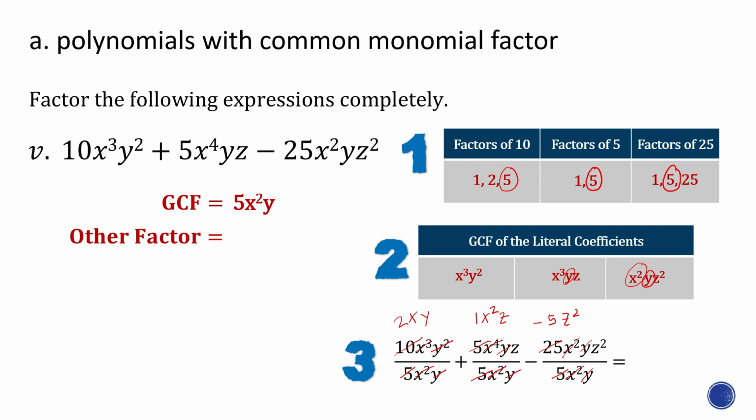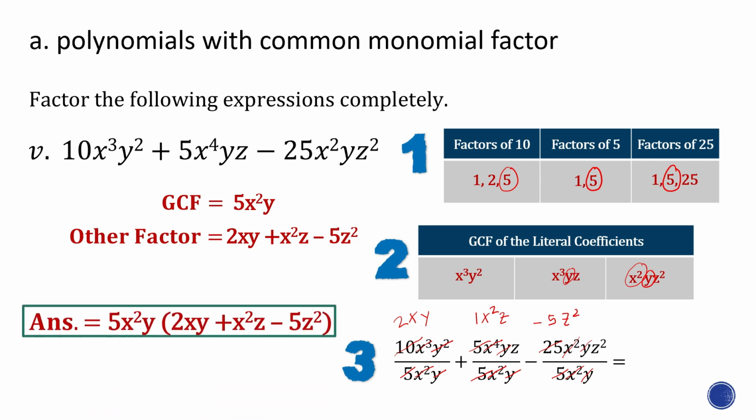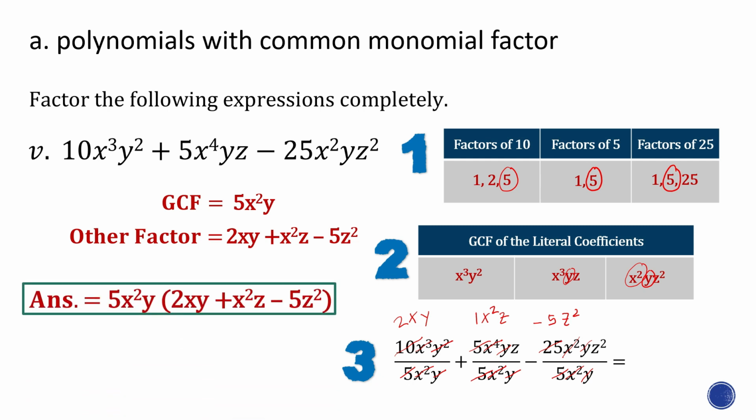So what we have left is z squared. So the other factor is 2xy plus x squared z minus 5z squared. So our answer is, here you go, 5x squared y times 2xy plus x squared z minus 5z squared.